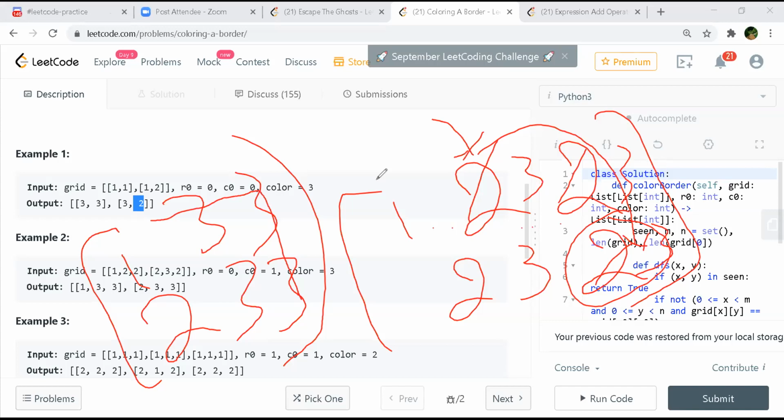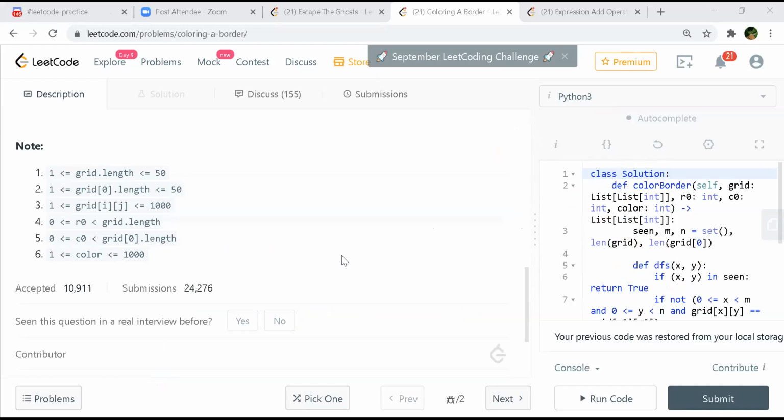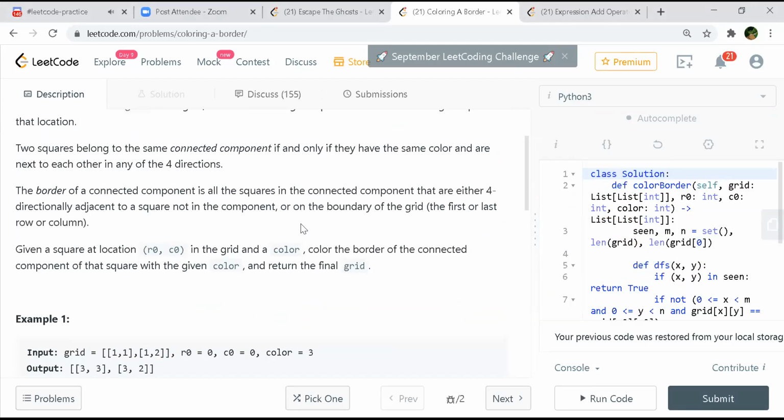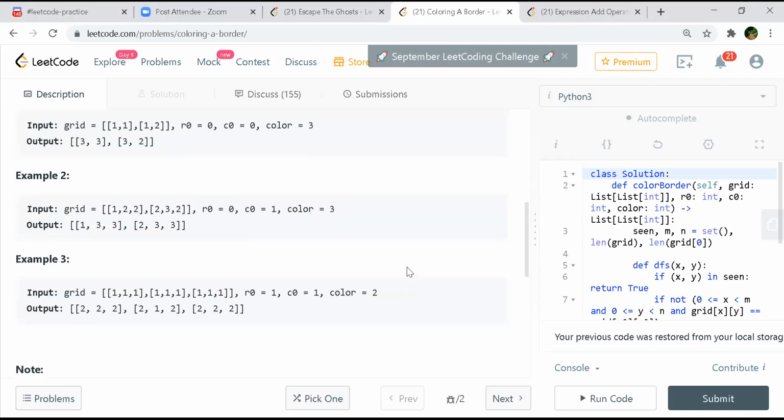Can you scroll up a bit? To the description part. Four directionally adjacent. If they have the same color, then they are connected. So in that case, 3 3 were connected like that. What you say? 2 2 all. I think the voice is breaking.